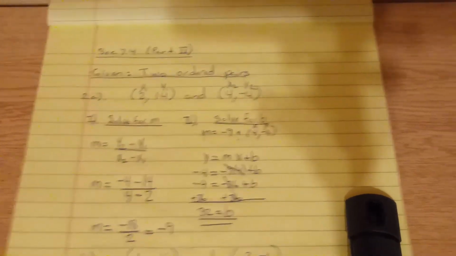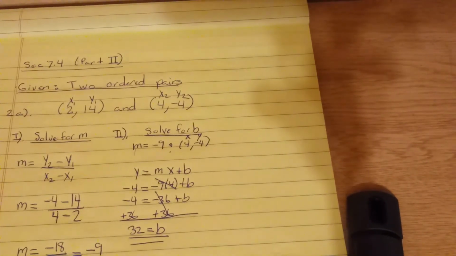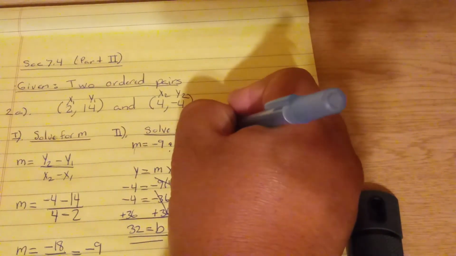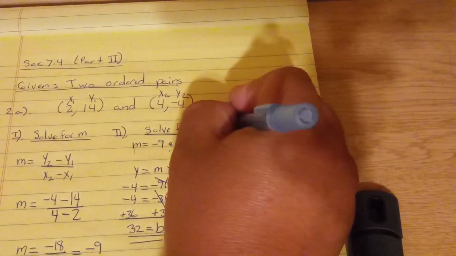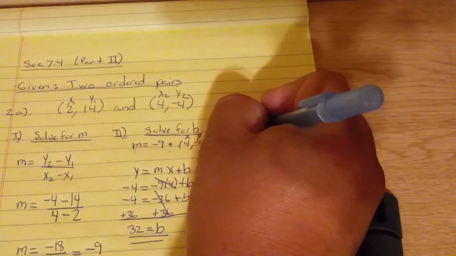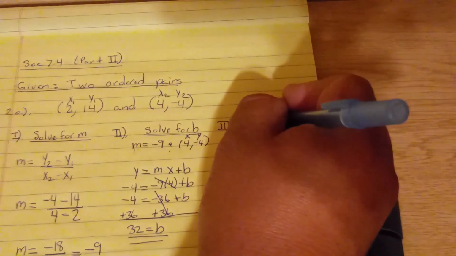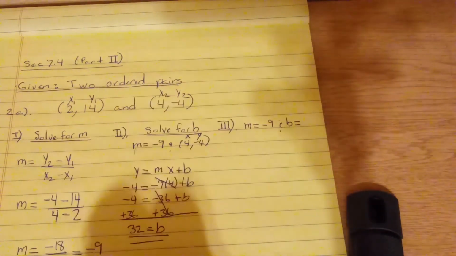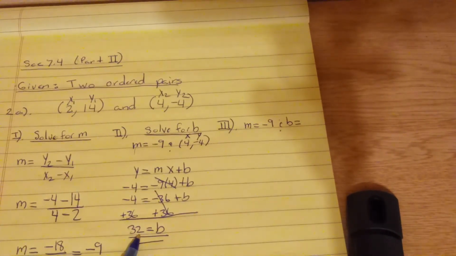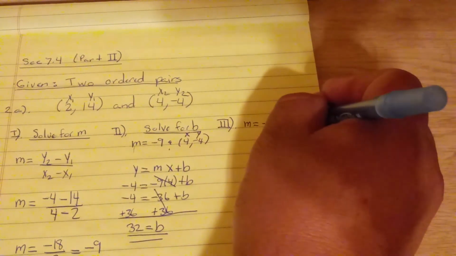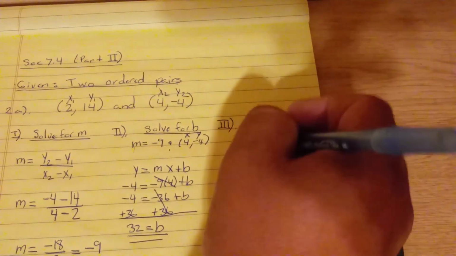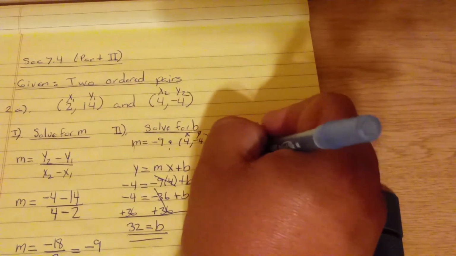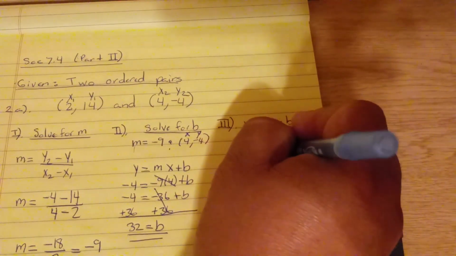And once again, this will be our third and final step for this one. So remember, we already solved for the slope, which gave us negative 9. And we already solved for the y-intercept, which we got as positive 32. Once again, we're going to substitute it into this y = mx + b.